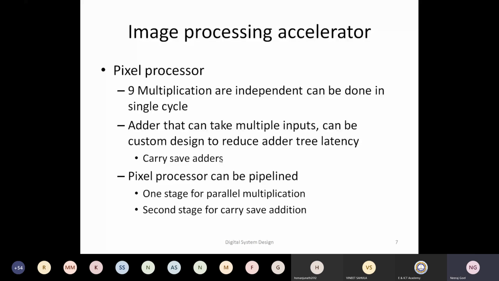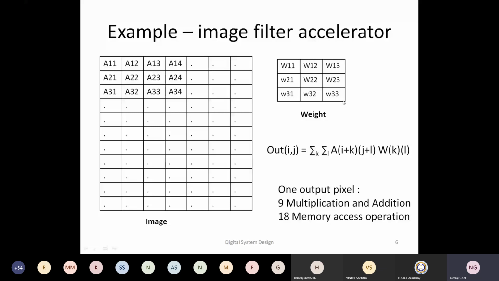Again, these 2 steps of multiplication and addition can be pipelined. So when I am doing addition for the 0th output pixel, I can start doing multiplication for pixel number 1.